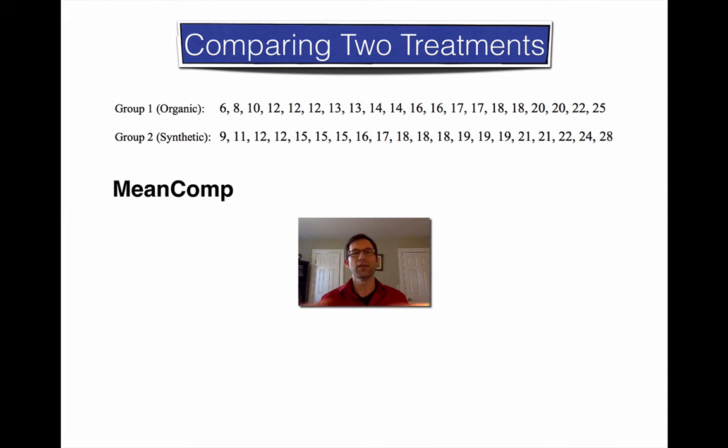Now, here's the idea, right? When you do the two means, group 1, group 2, I should have had this in this presentation, but what happens is that the mean of the synthetic is about 3.1 inches more than the mean of the organic. Now, the question is, is that significant?